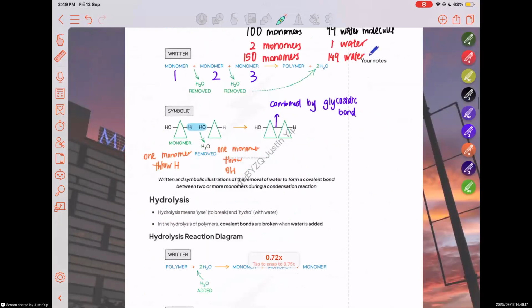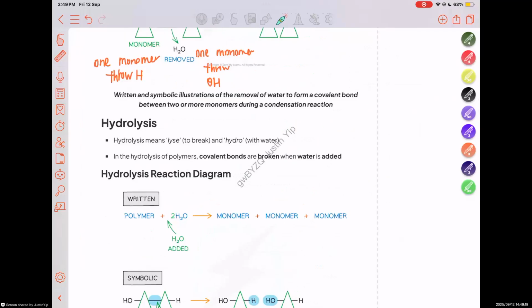In hydrolysis, you need water. Lysis means break, hydro means water. So your covalent bonds are broken when water is added. So you see, I add water to this polymer, then I separate them.